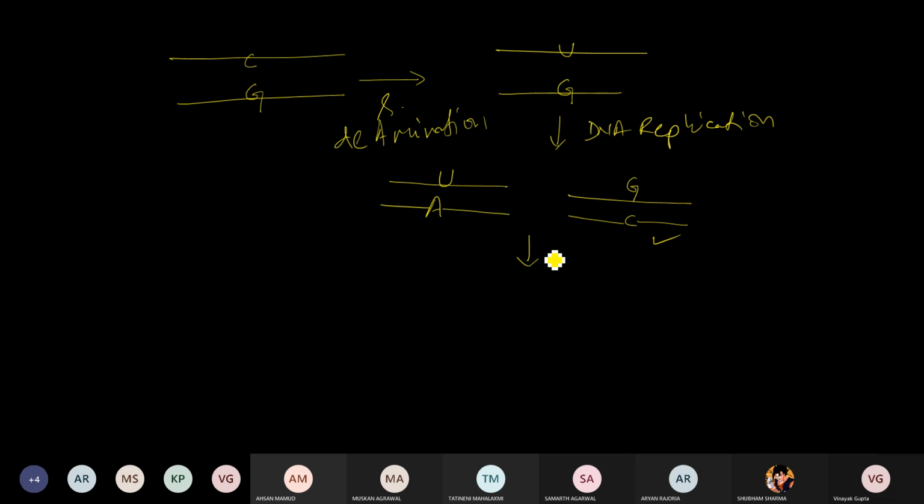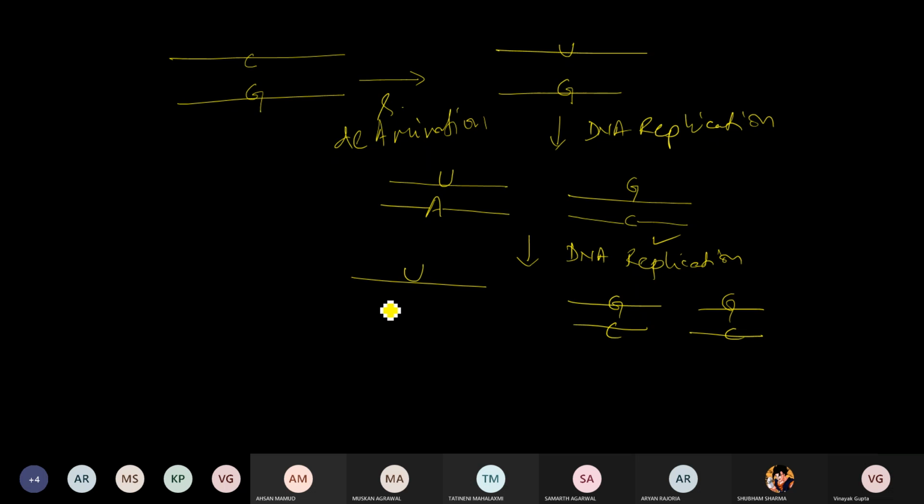Let's consider one more DNA replication from here, the second round of DNA replication. Here we will be having the normal DNA. But what about here? Here U is there.